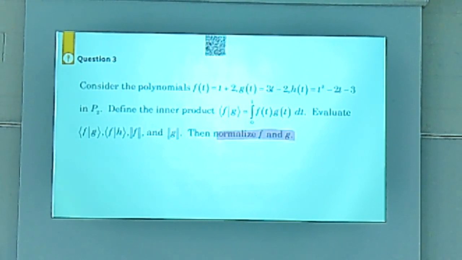We typically would represent that e sub f, one over the norm of f times f, and I don't feel like distributing that through. g is already a unit, so e sub g would just be g.